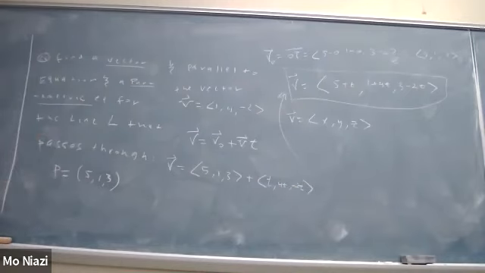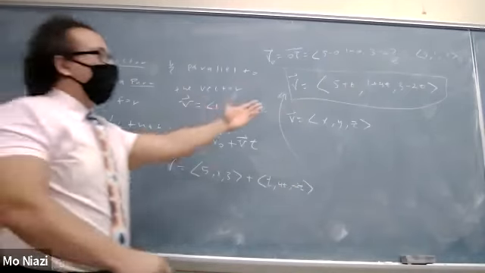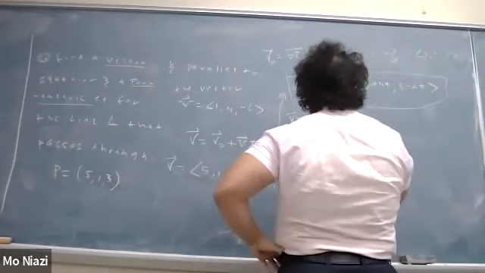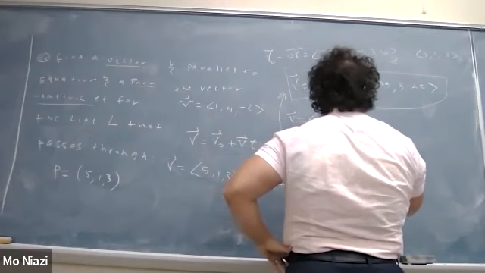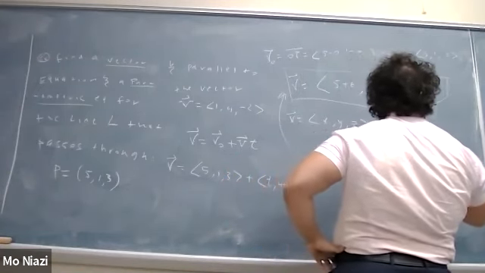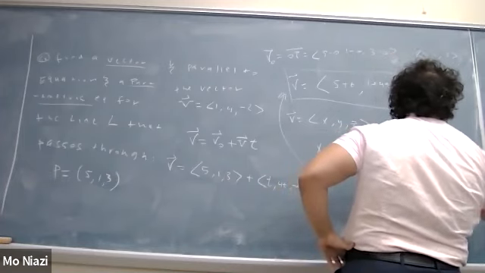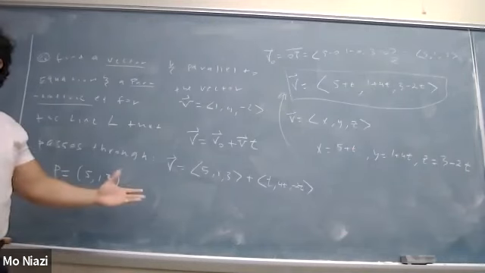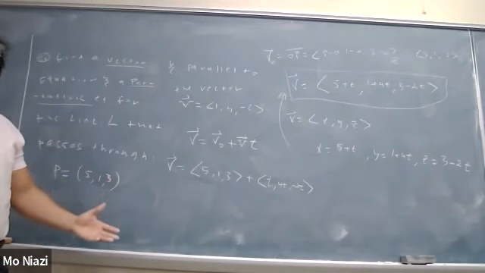Set each of the components equal to these components. x is equal to that, y is equal to that, z is equal to that. So x is equal to 5 + t. y is equal to 1 + 4t. z is equal to 3 - 2t. And there you're done. You have your parametric equations.